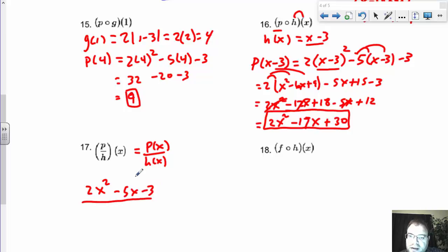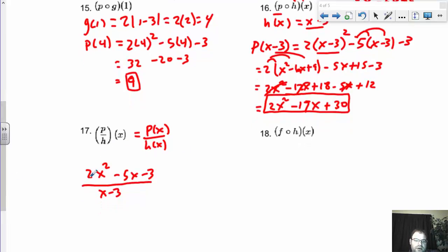This will be divided by x minus 3. I told you guys when you have a coefficient that's not 1, it's kind of tricky to factor. So the trick I use is to multiply this first one by this last one. 2 times negative 3 is negative 6.